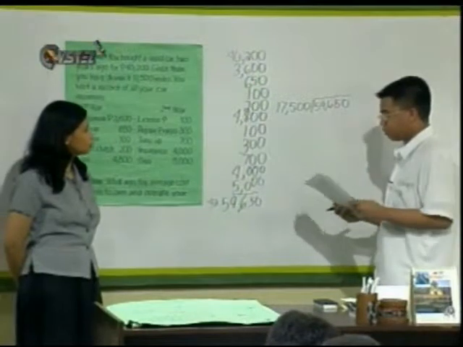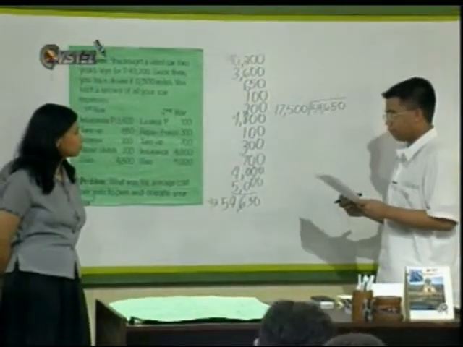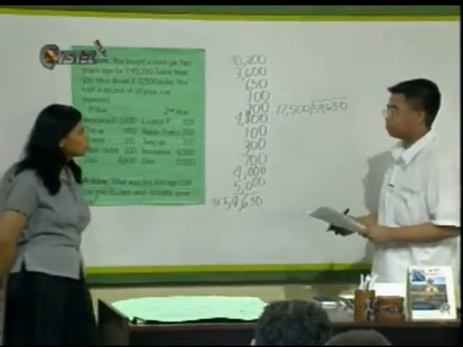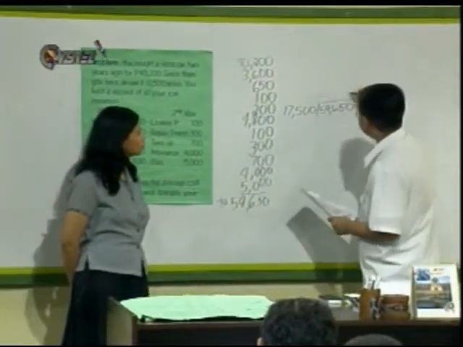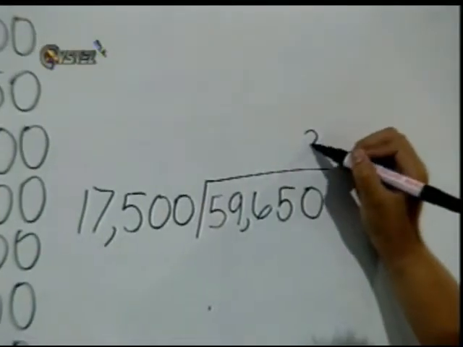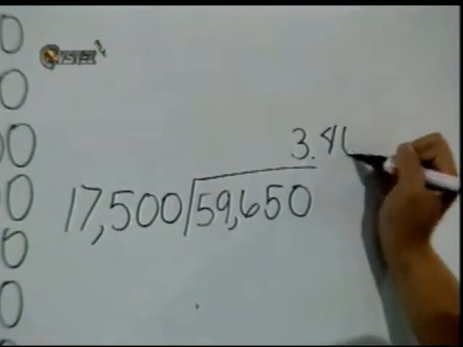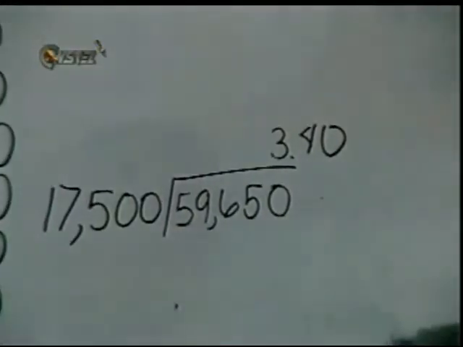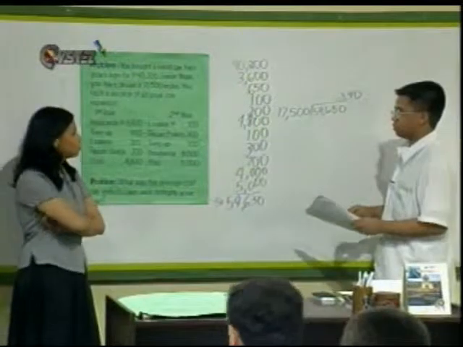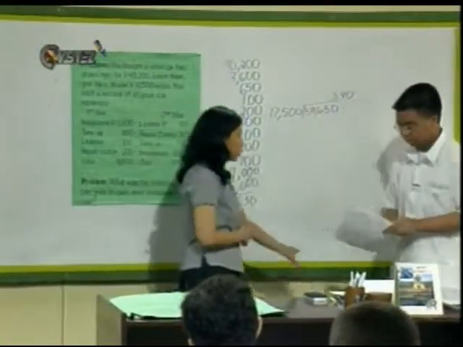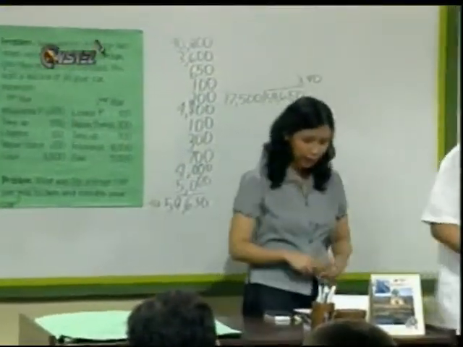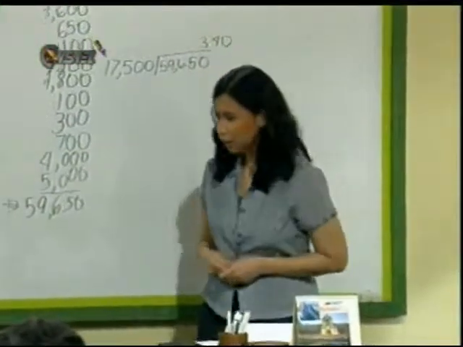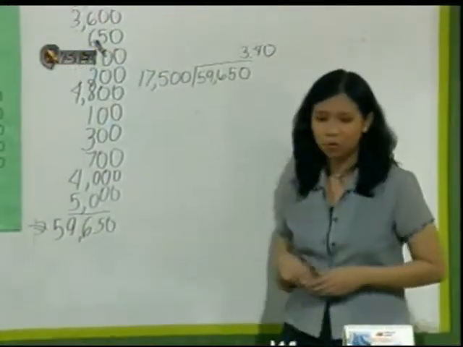The answer to the problem is 3.40 as the average cost per mile to own and operate the car. Okay. Very good. Sit down now. Thank you. So you have the answer here, 3.40.